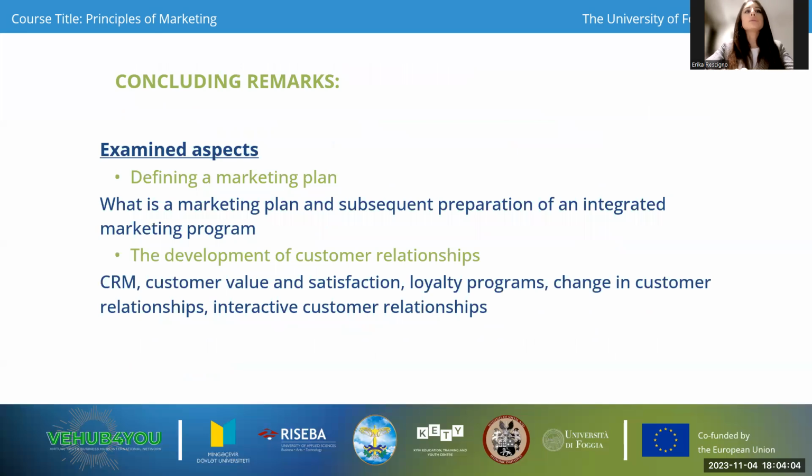So finally, to conclude, the aspects examined in this lecture were, first of all, defining what a marketing plan is, what its function is, and what the preparation for an integrated marketing program involves. And then we moved to the development of customer relationships. We analyzed CRM, customer relationship management, and the concepts of customer value and customer satisfaction.